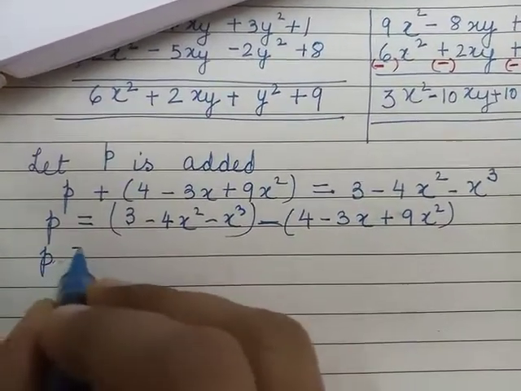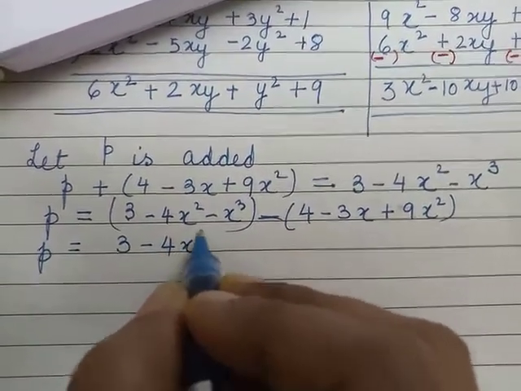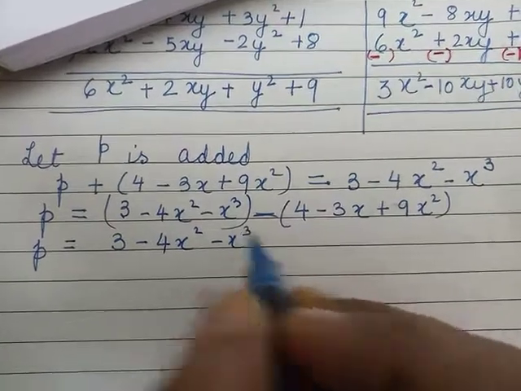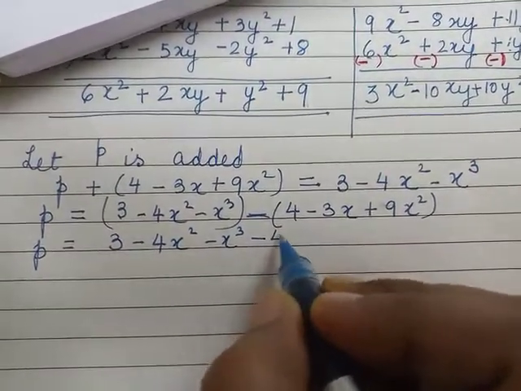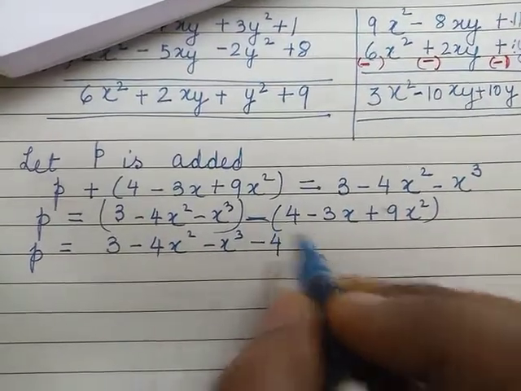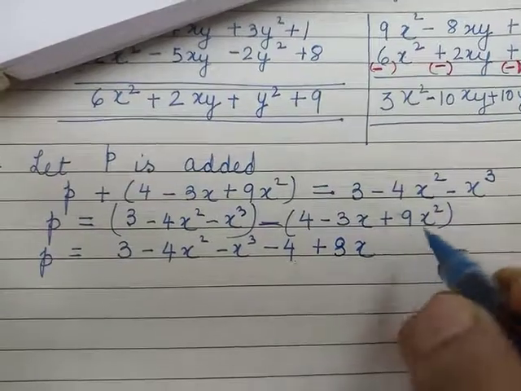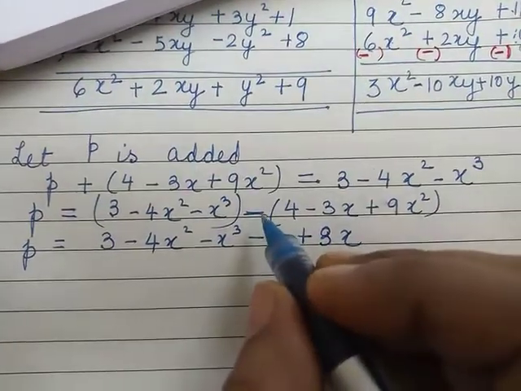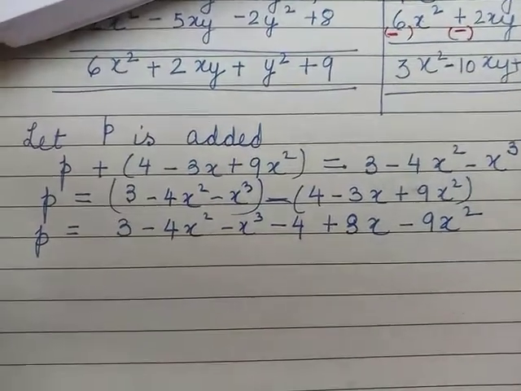Now we subtract them. 3 minus 4x square minus x cube. This plus 4 will become now minus 4. This minus and minus will become plus 3x. And this plus and minus will become minus 9x square.